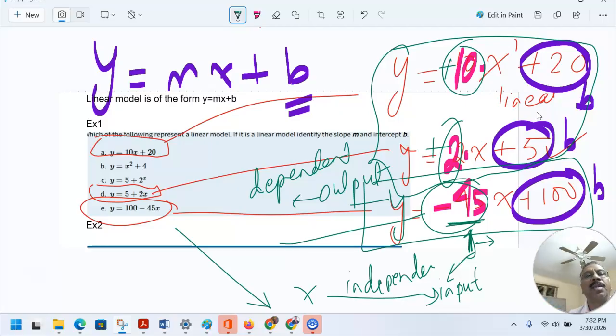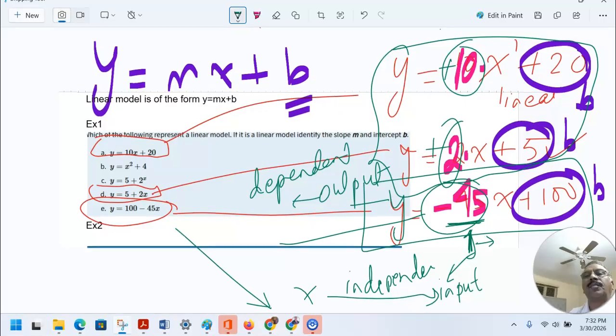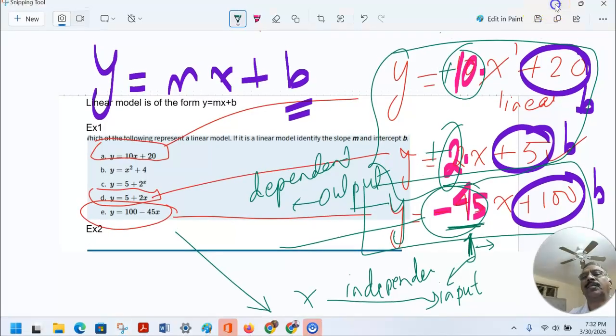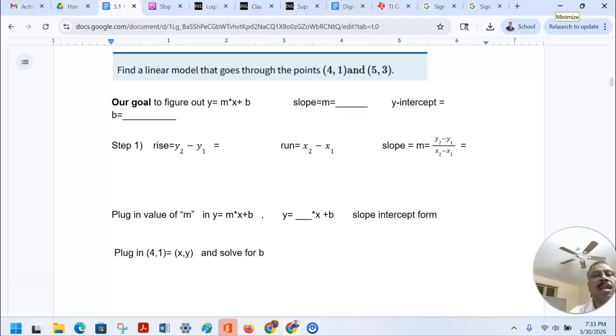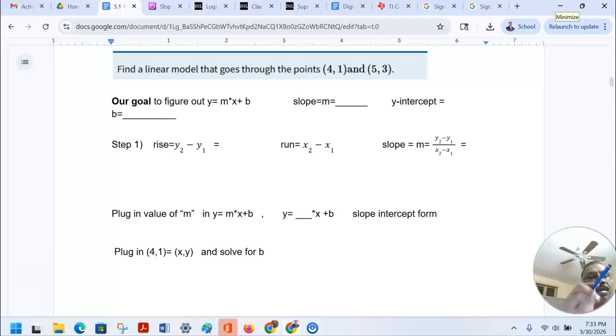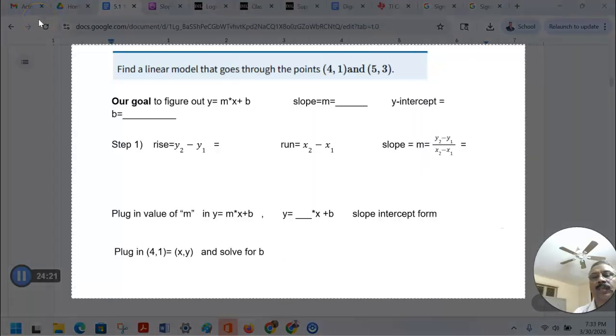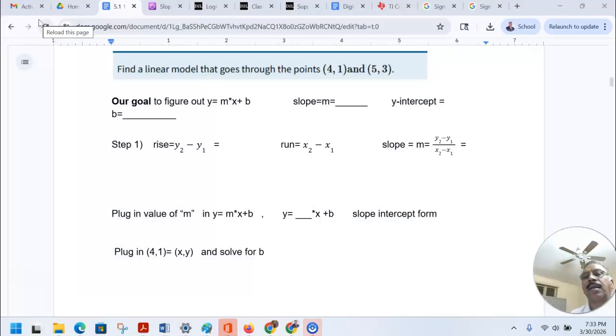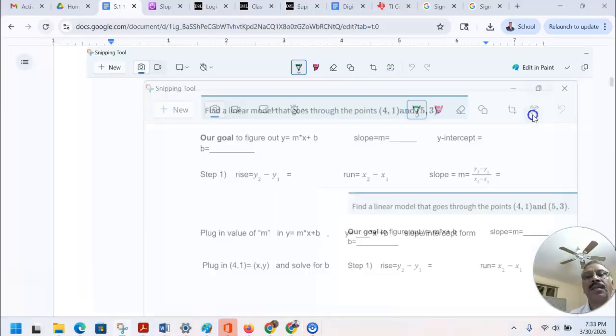Let's go to example number 2. Okay. So let's see.